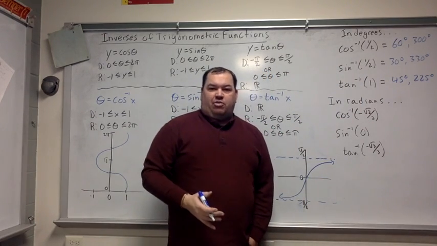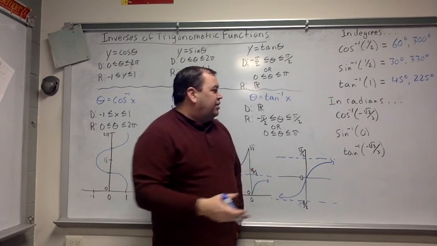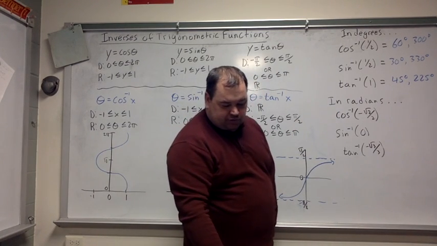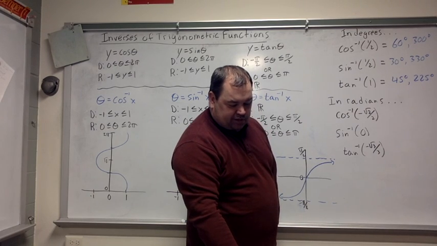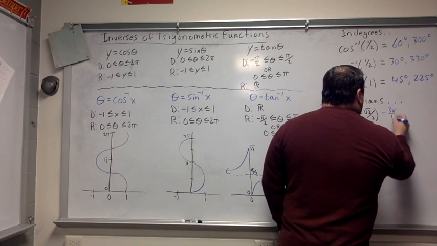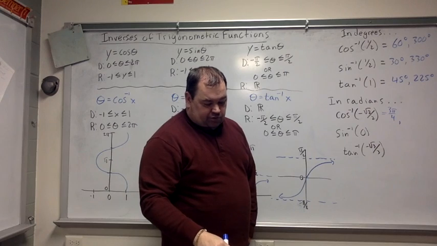Now I can do the same thing in radians. It doesn't matter, I'm still using my unit circle. So I'm looking for a cosine value that's -√2/2. I'm not going to find one in the first quadrant, but I am going to find one in the second quadrant. It shows up at 3 pi/4, but there is another one. It's down in the third quadrant.